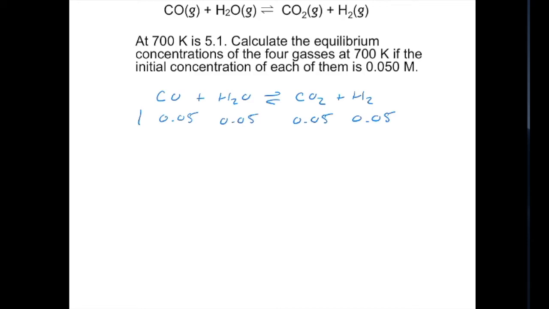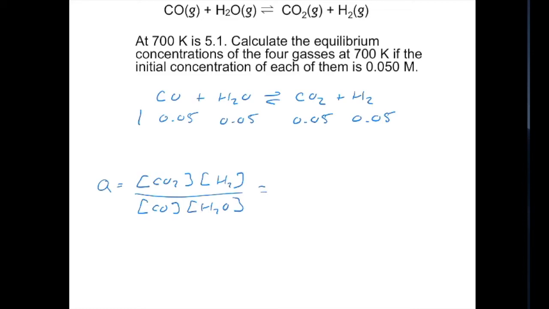So again, Q is calculated when we don't know whether or not the reaction is at equilibrium, but we can still use the concentrations that were given to determine what Q is. So Q is going to equal the concentration of CO2 times the concentration of H2 divided by the concentration of CO times the concentration of H2O.